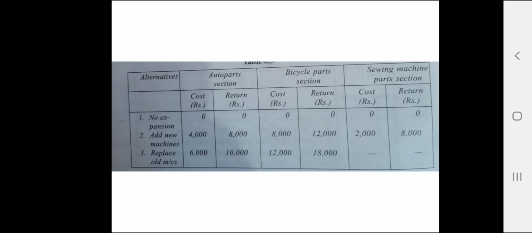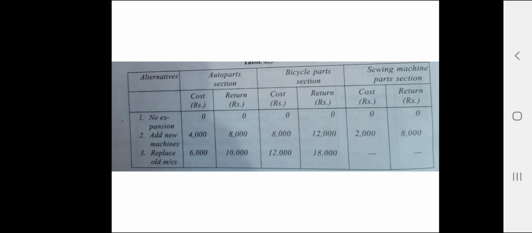In sewing machine, the investment is 2,000 rupees and the return is 8,000 rupees. There is no replacement for sewing machine, but in auto parts and bicycle parts you can replace if required. Auto parts replacement requires 6,000 and the return is 10,000. Bicycle parts replacement requires 12,000 and the return is 18,000. So this is the given data.